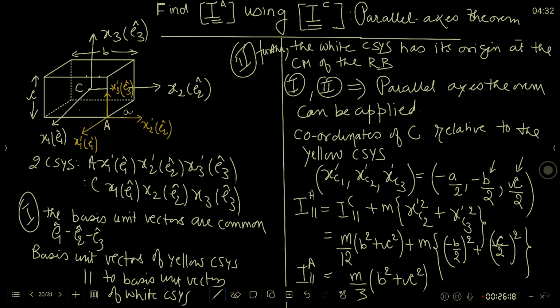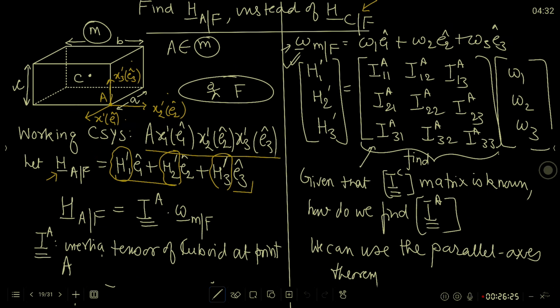So going back, I want to know each one of these members to be able to get the angular momentum of the RB. I have started working on it. IA11 I have found. You go to IA12. How do you get IA12?